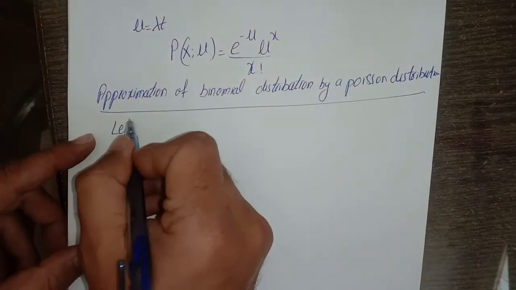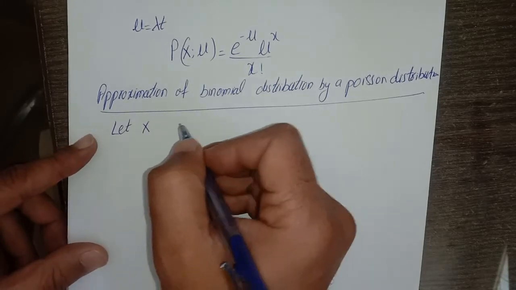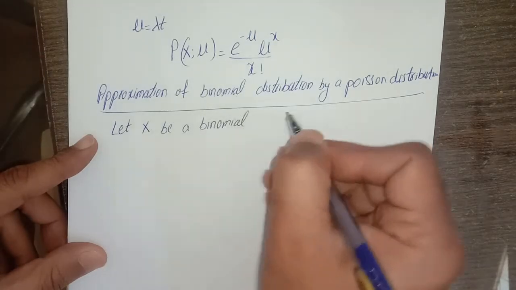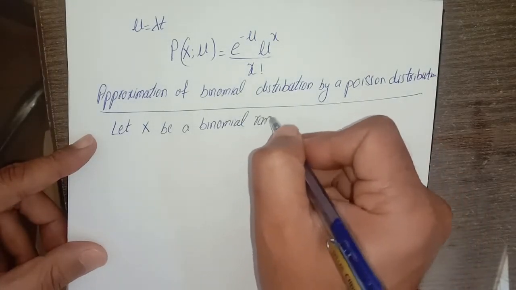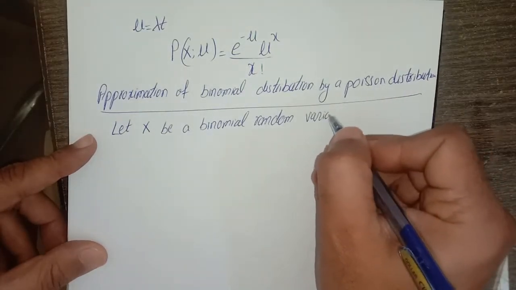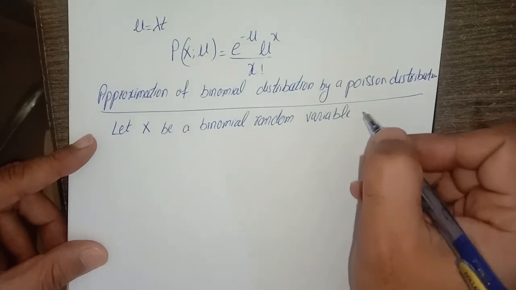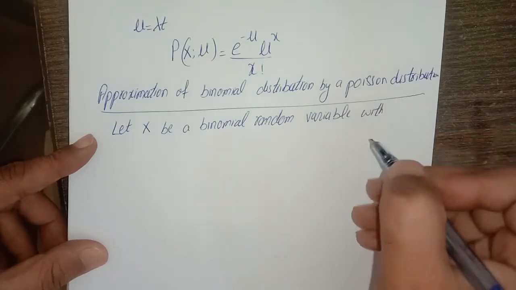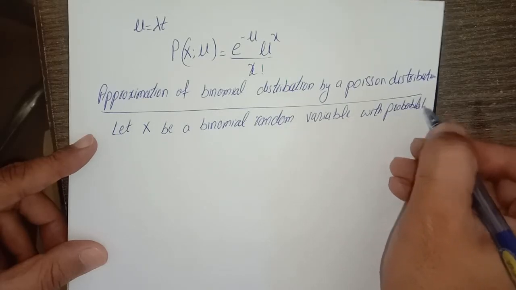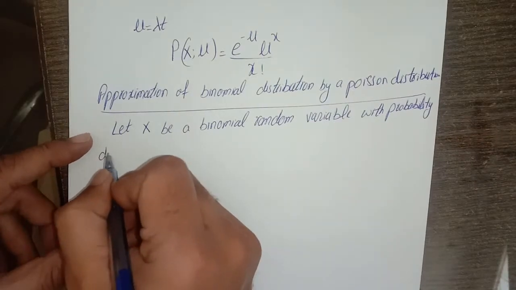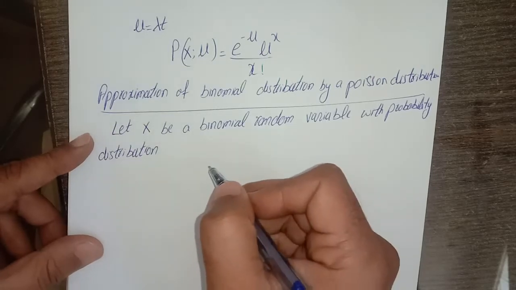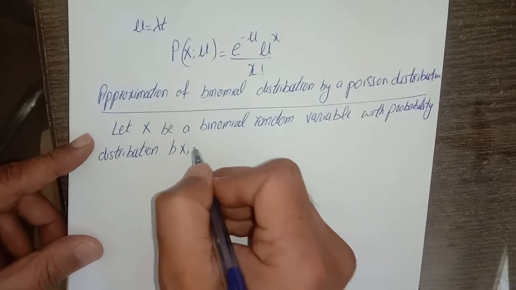Let x be a binomial random variable with probability distribution b of x, n and p.